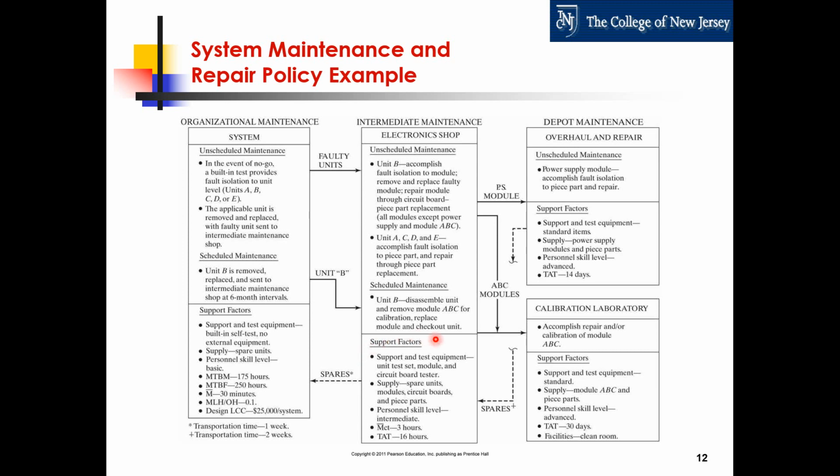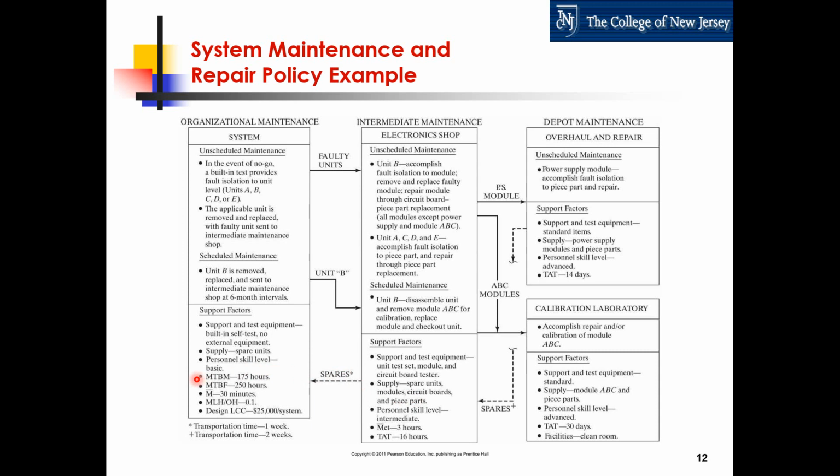Calibration lab, intermediate facility, as well as the factory. Then you can see here in dashed lines the flow of spares, because the field needs to have spares, the intermediate maintenance facility must have spares for itself, as well as to pass to the maintenance site.